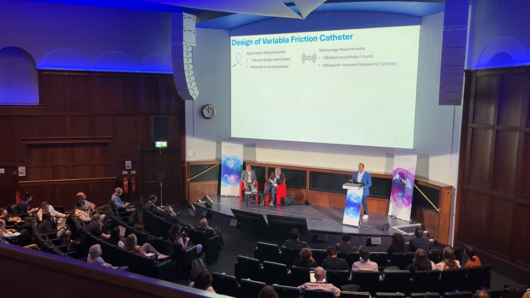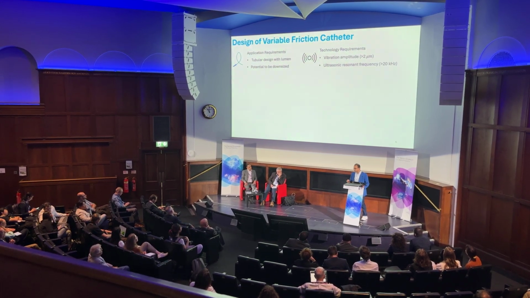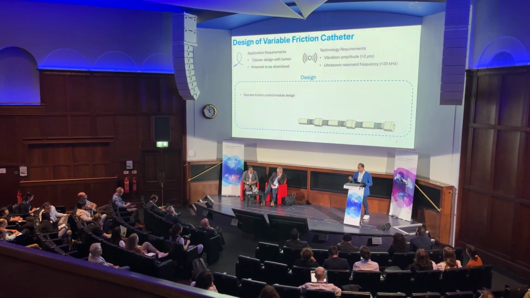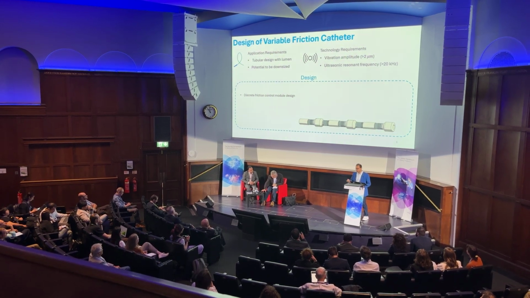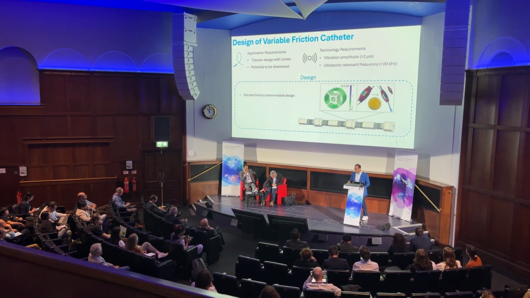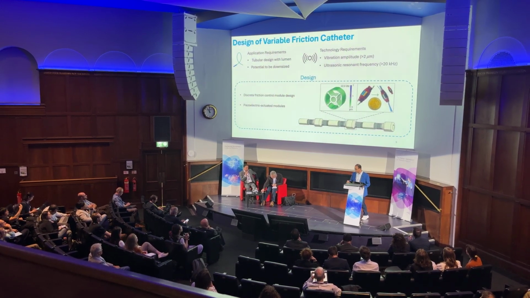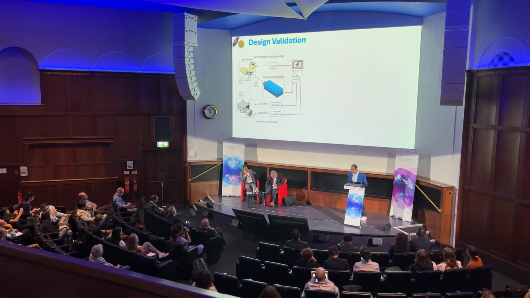The technology requires that the vibration amplitude reaches higher than 2 microns and vibrates at a resonant ultrasonic frequency. So we came up with a discrete friction control module design, where the shaft of the catheter features discrete friction control modules. These modules can vibrate through piezoelectric actuation, with a flexural vibration mode.